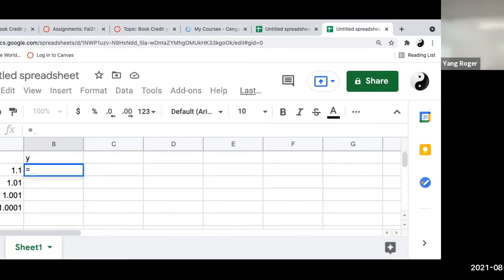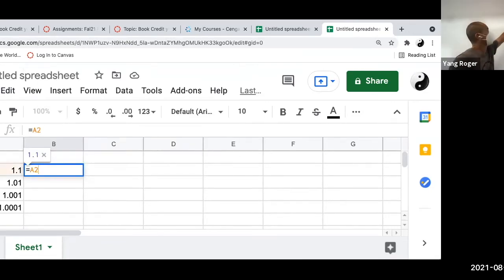And then I want to refer to this cell to the left. So how do I identify this cell? Well, if you look, there are letters across the top and numbers along the side. So this cell is called A2, like that. If I want to grab whatever's in this cell, I'm not going to type the number, I'm just going to type in A2.